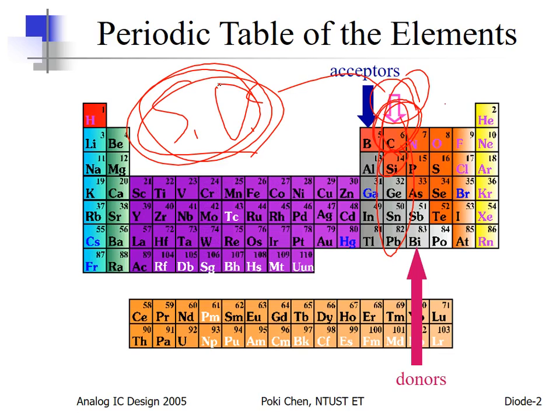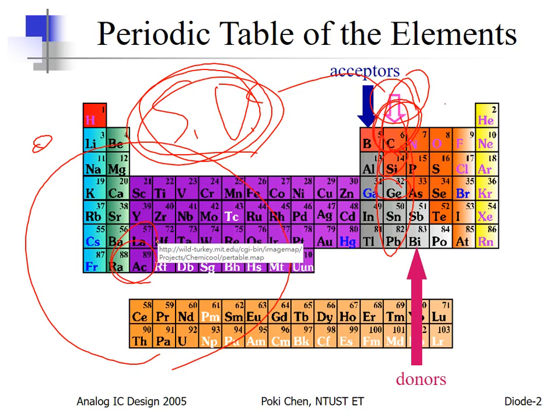And how about the others? You can go further. Germanium. To be honest, the property will be even better. Why? Because with a larger atom, the nucleus of the atom has less impact on the covalent electrons. It means they can be released even more easily.